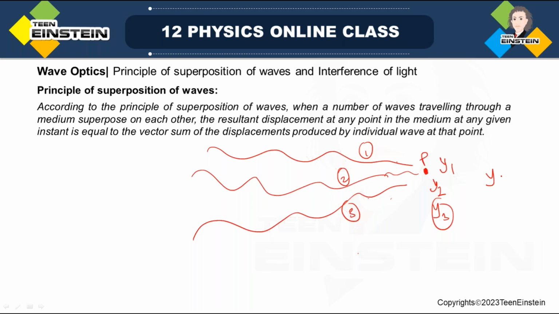Then the resultant displacement will be the vector sum of the displacements produced by individual waves. Okay.